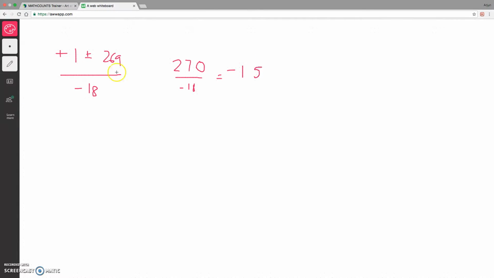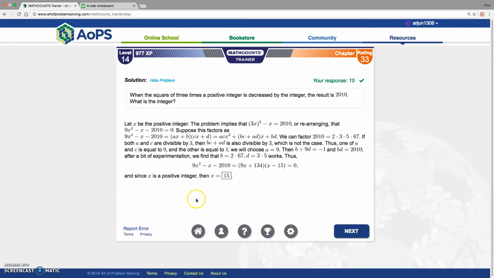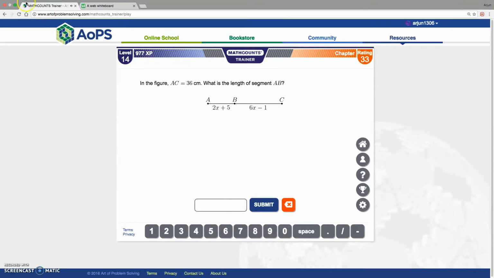The other one, when you subtract, you can try that out, but it's going to become like 14.88 or something like that. So we know that negative 15 is the only one that will work, but since we want positive values only because we want it to be a positive integer, x is going to be 15.